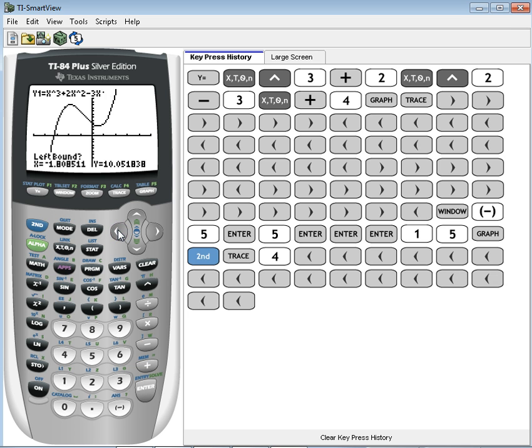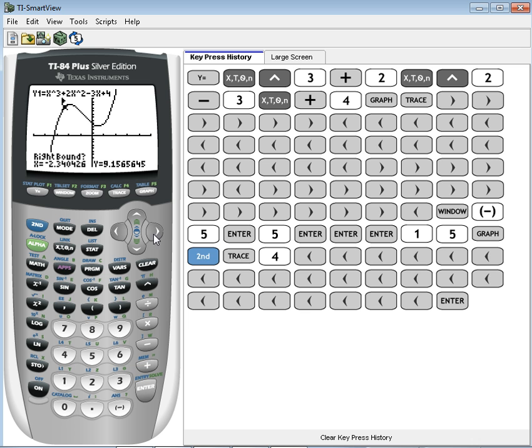I'm going to go to the left of the maximum value. I can stop anywhere now since I'm to the left of the maximum value, and I'll press enter, and that establishes our left bound. And notice that this little shaded triangle shows that the interval on the x-axis that we're going to search now has a lower bound.